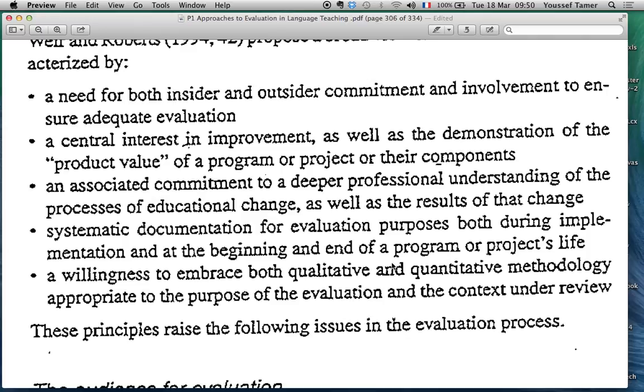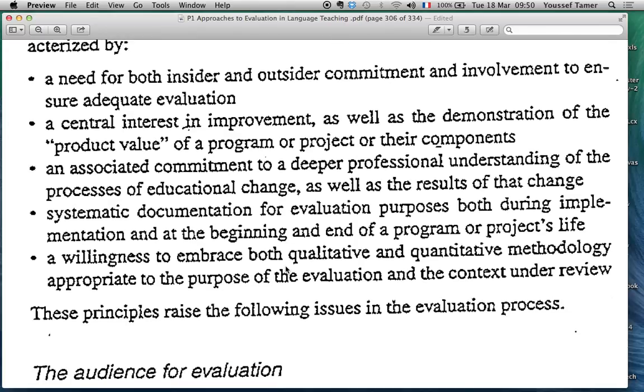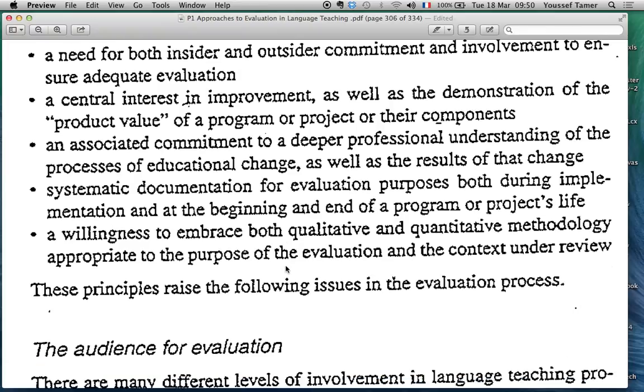So here the point is interest in improving the program. An associated commitment to a deeper professional understanding of the processes of educational change as well as the results of that change.